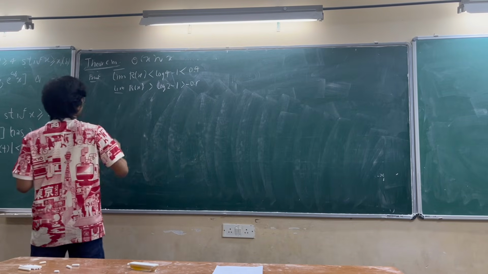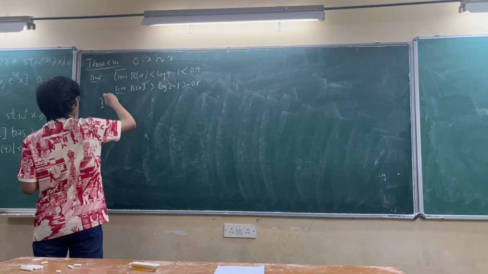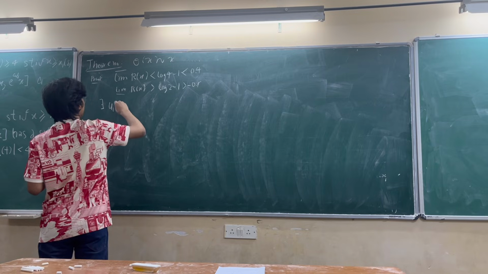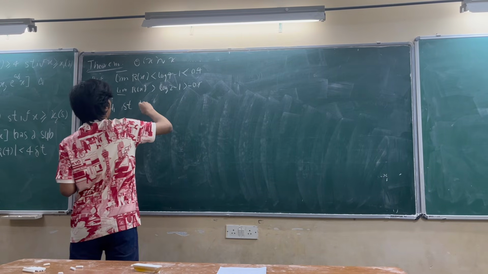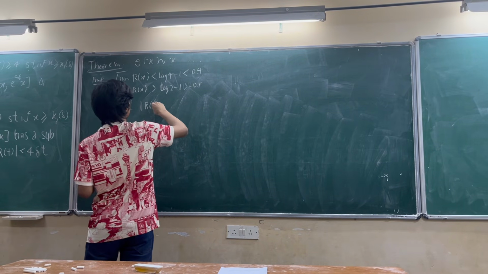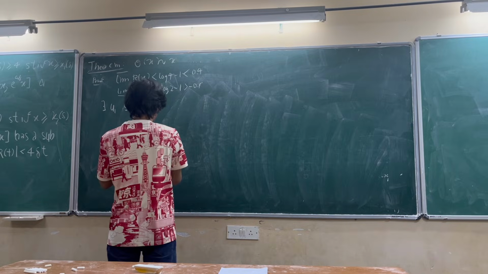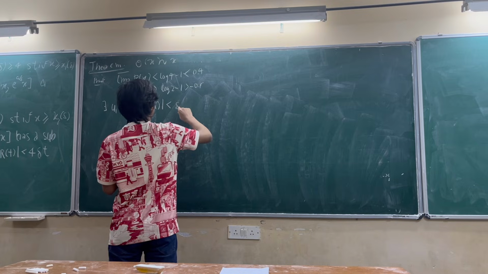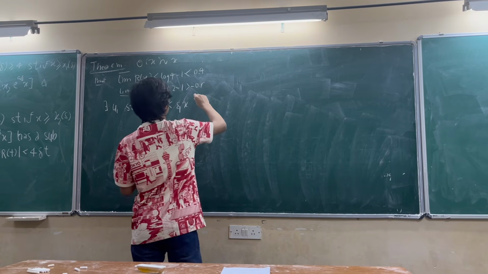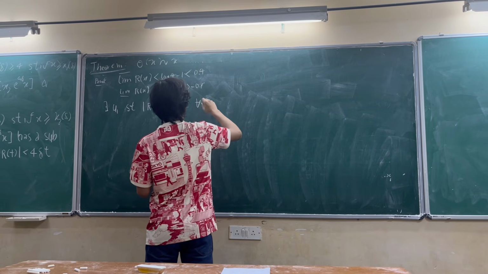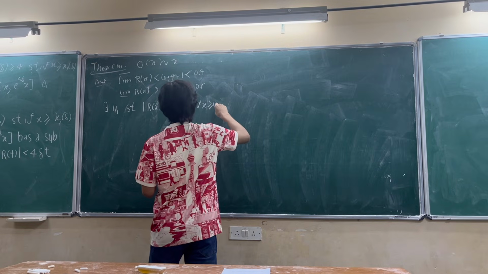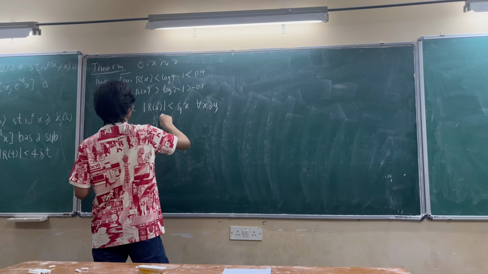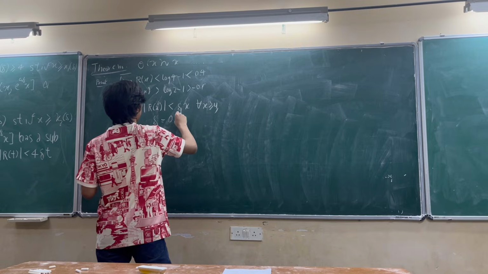So that means there exists some delta 1 such that mod of r of x is less than delta 1 x for all x greater than or equal to 1, where delta 1 is equal to 0.4.